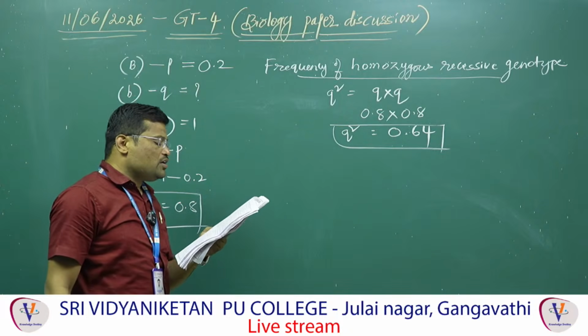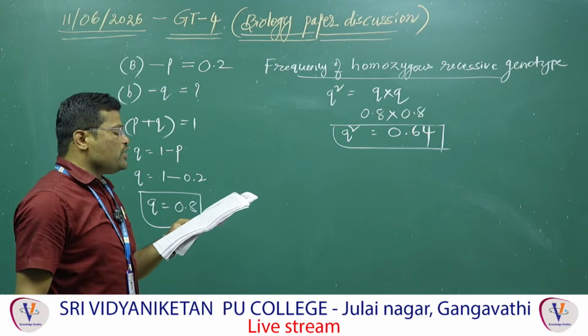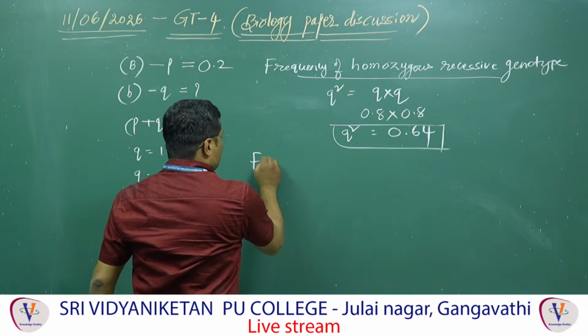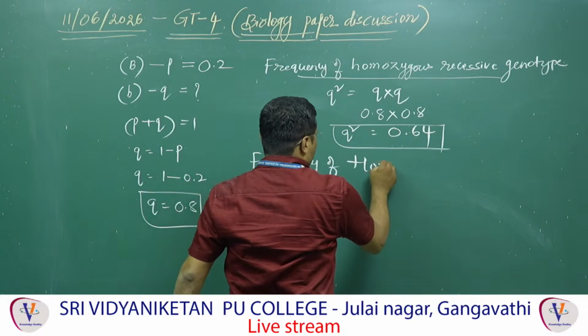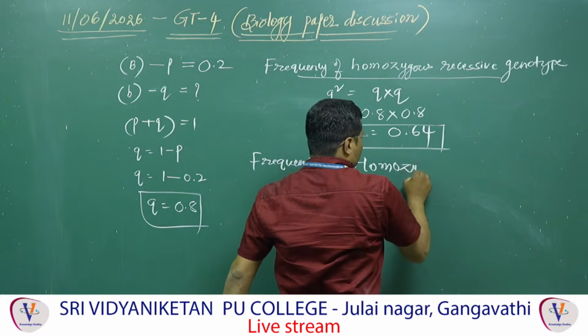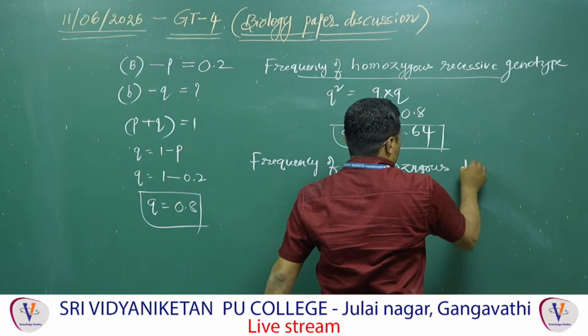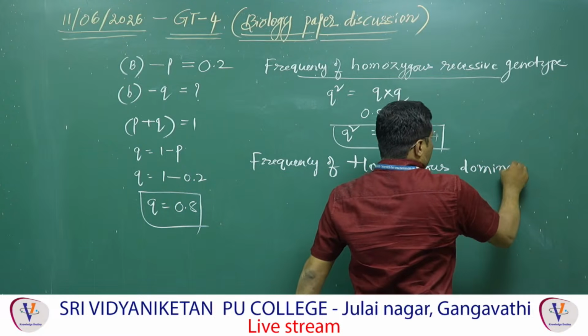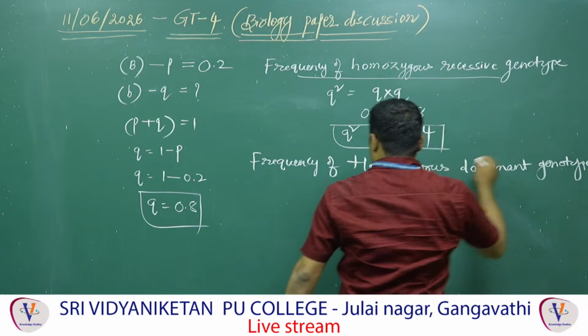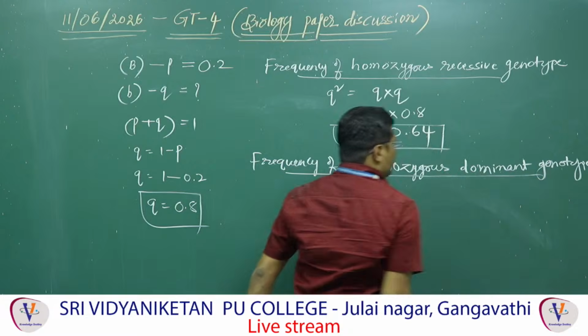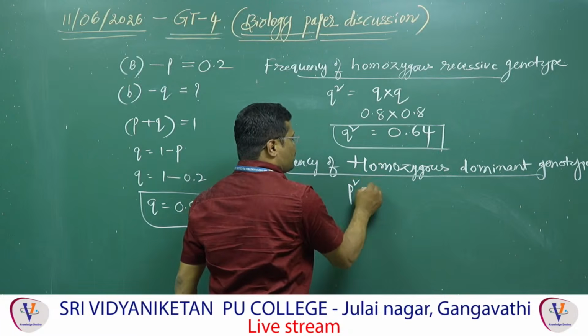Then find out the frequency of homozygous dominant genotype. Frequency of homozygous dominant genotype is represented as P square.